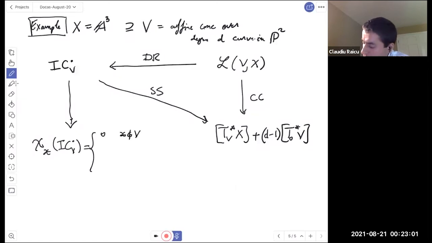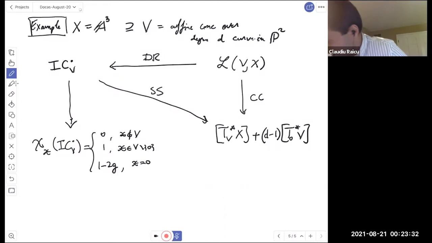Then we're going to get 1 if we're on the regular locus, so we're not at this singular point. It's just by the behavior of intersection cohomology when you take cones, the Euler characteristic is going to be 1 minus 2g at the origin. So maybe the Betti numbers for the projective curve were 1, 2g, 1, and then you're losing the 1 when you take this cone.